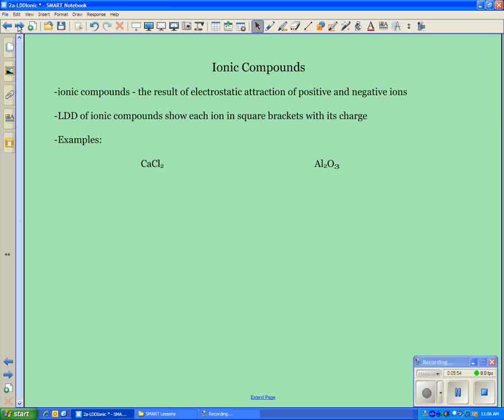Here's 2 examples of ionic compound formulas, and we'll draw Lewis dot diagrams so that we can see how these pair up with each other to form stable compounds. Calcium chloride is a pairing of a calcium 2+ ion and 2 chloride ions, which are each -1. So if we draw each of those out, the calcium ion with the charge of 2+ has lost 2 electrons.